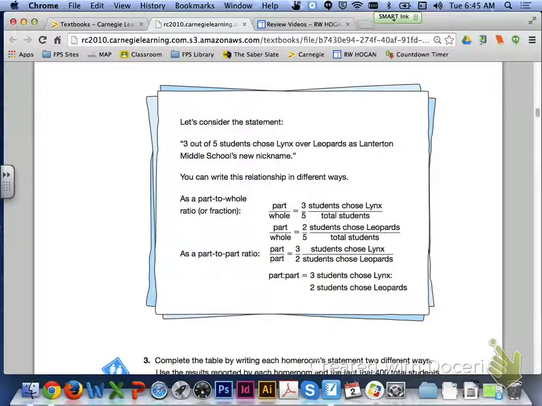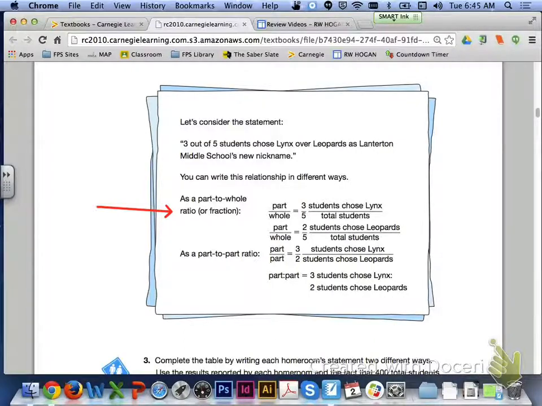If we take a look up at the top of page 317, let's consider the statement 3 out of 5 students chose lynx over leopards as Lanterton Middle School's new nickname. You can write this relationship in different ways. We talked about in lesson 5.1 how we can look at part-to-whole and part-to-part relationships with ratios. So if you look at the first example, if you write it as a part-to-whole ratio or in fraction form, you can see we have 3 students that chose lynx to 5 total students.